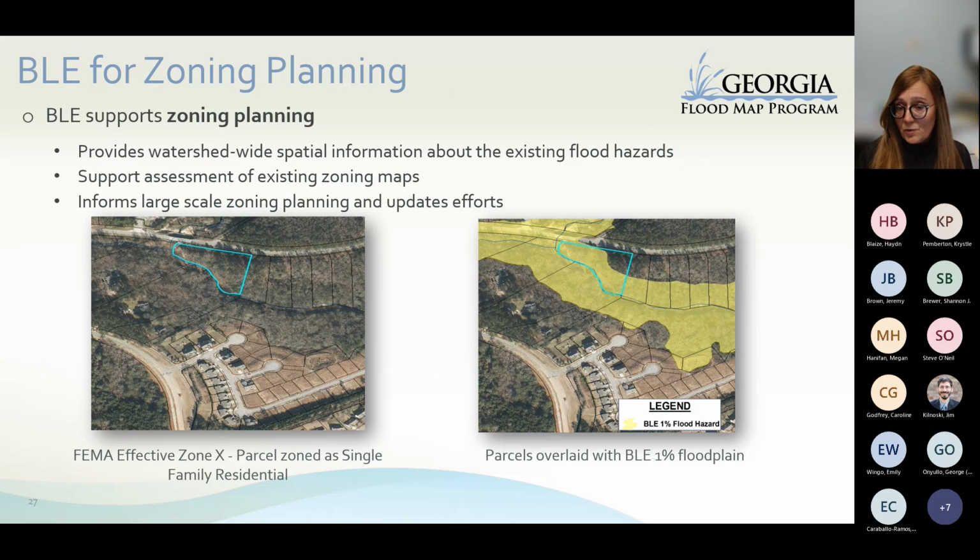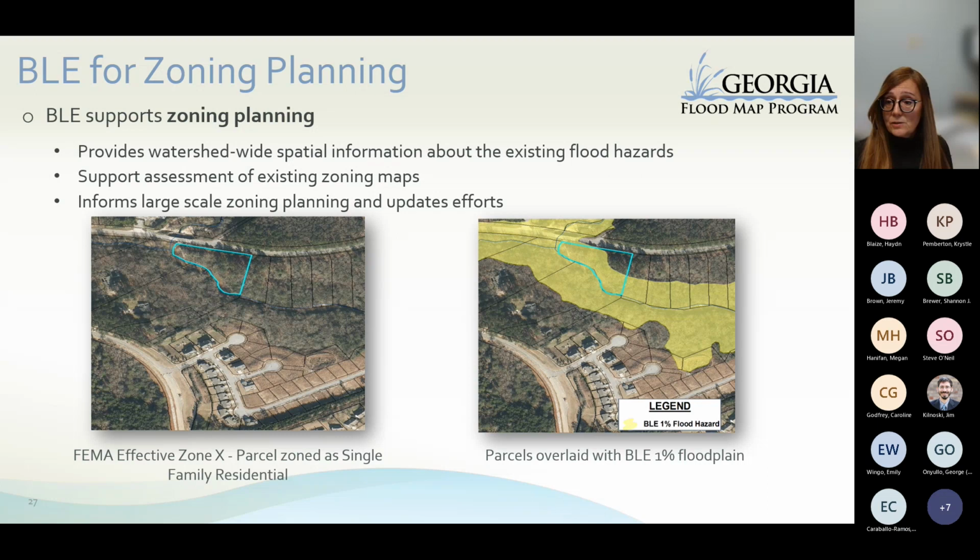The first application of the base level engineering analysis is for zoning planning. As you have already seen, based on what Jarrett has shown you, the base level engineering analysis provides spatial and visual information about the existing flooding risk in areas that previously had no information about the flooding risk.